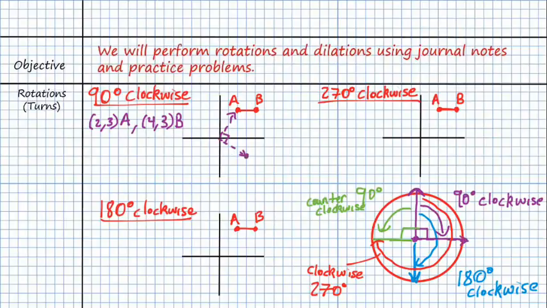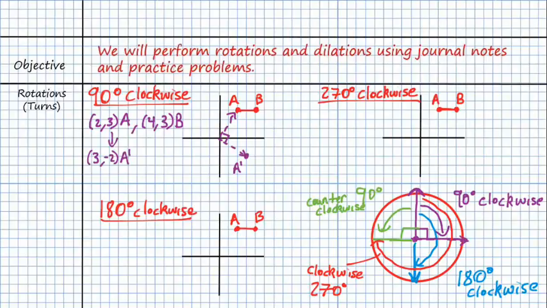And what we see is that A prime is most likely going to be graphed at positive 3, negative 2. So A prime is positive 3, negative 2.